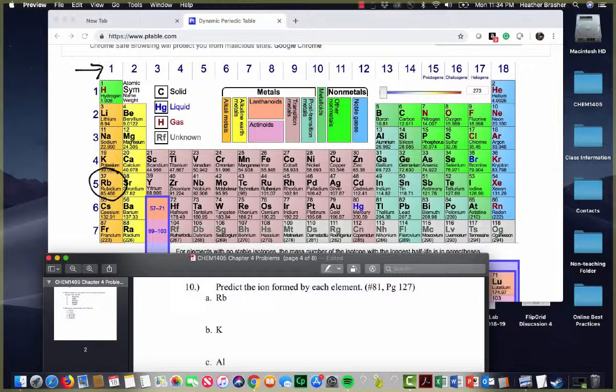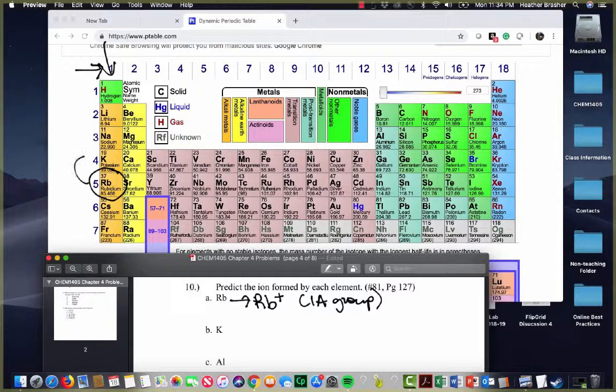And so this group right here, group 1, the alkali metals, they like to release their extra electrons. They're more stable when they do that. And so the most commonly known type of ion that we're going to get here is an Rb+, just single. And that is because it's in the 1A group.